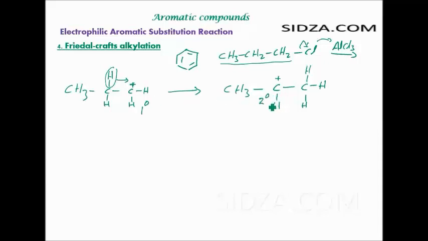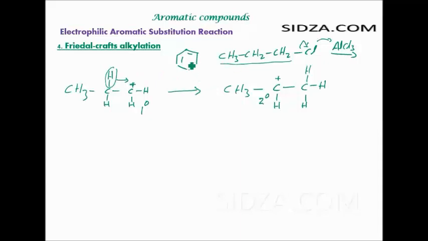The driving force for the carbocation rearrangement is stability. The secondary is more stable, so the primary can rearrange to the secondary, but the reverse is not possible. If in a reaction you get a secondary carbocation, it cannot go back to the primary one, so rearrangement is always in the increasing order of stability.